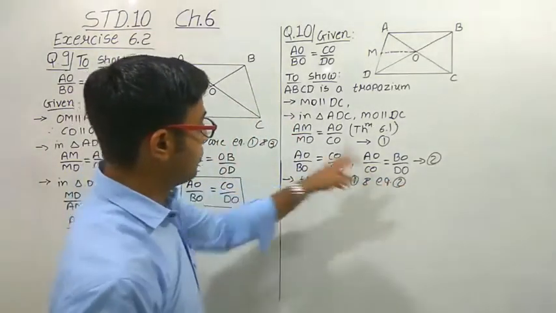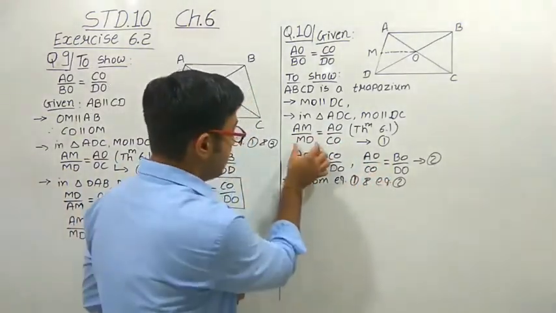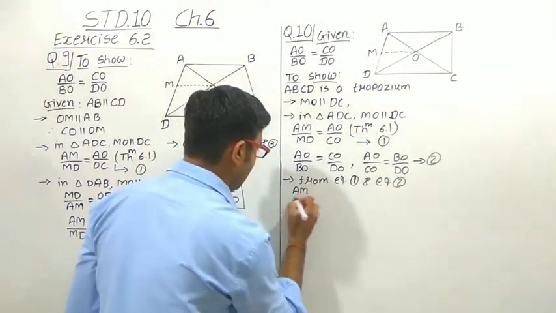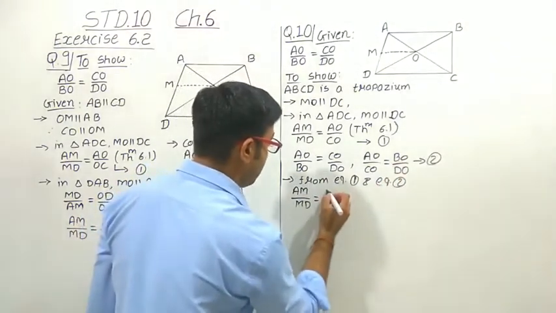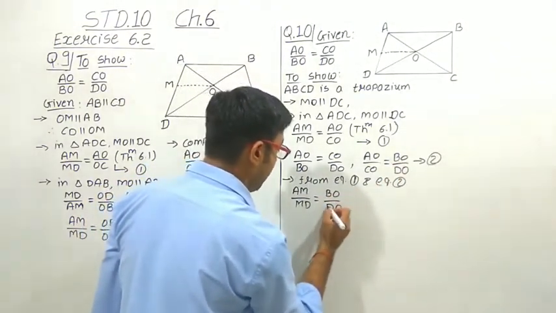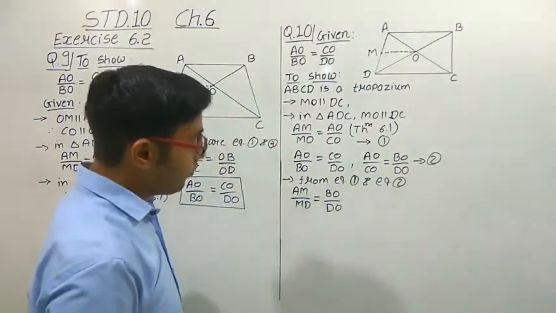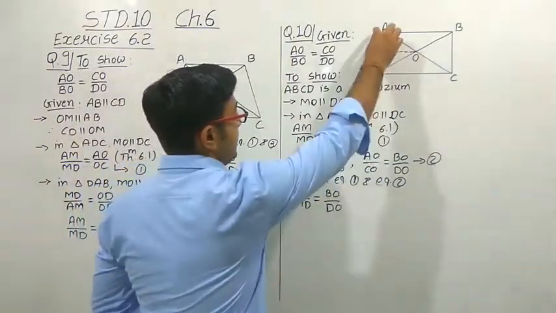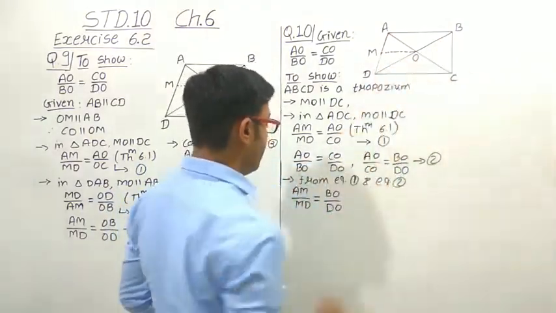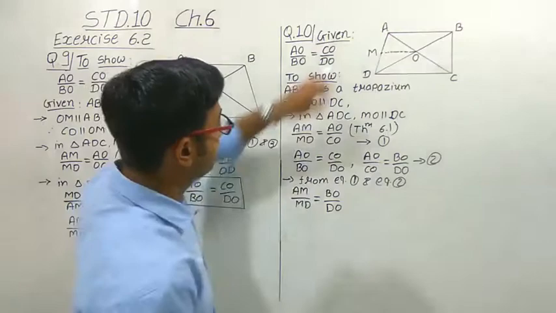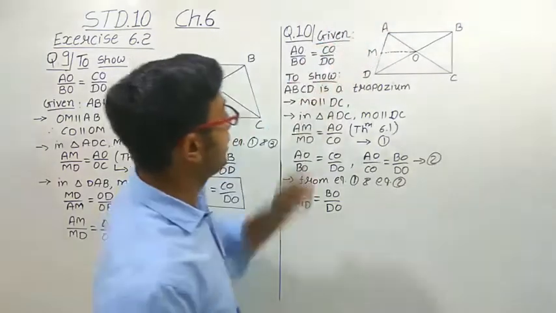Now when we compare both these equations, see this AO upon CO, here also there is AO upon CO. So this AM upon MD will become equal to BO upon DO. So AM upon MD is equal to BO upon DO.